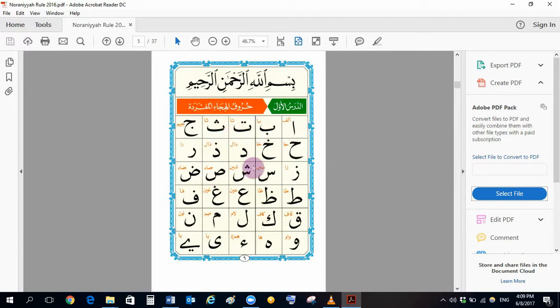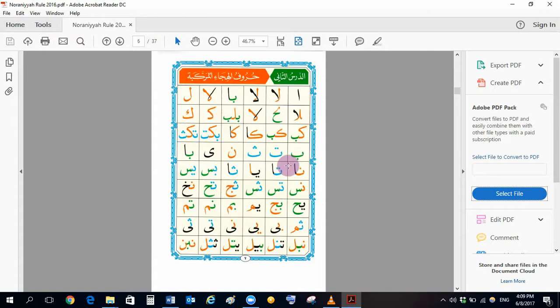We will see this in the coming lesson, inshallah. And we also mentioned that here we have two forms for the Ya, because this is the way they appear in the Quran.